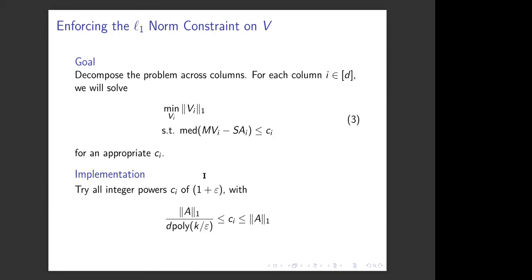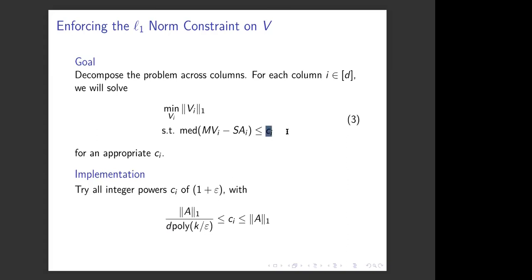Even if the median-based cost of V sub j is equal to the norm of A times 1 over D times 1 over poly k over epsilon, if we sum that across all of the columns, then the D just cancels out with this D here. So we'll just end up getting some more additive error of the norm of A times 1 over poly k over epsilon, which is acceptable for us.